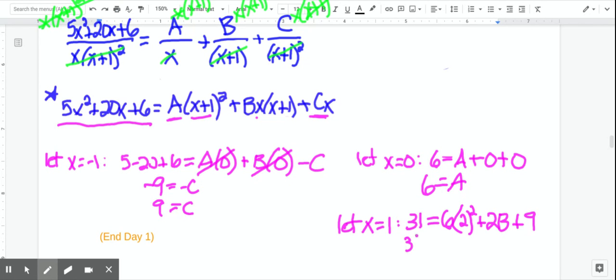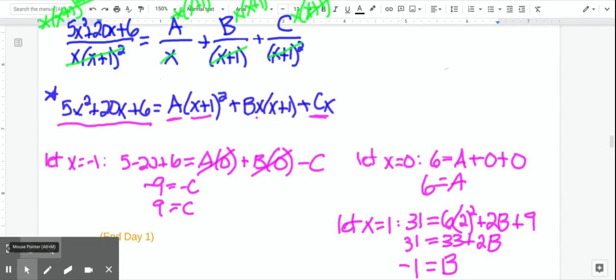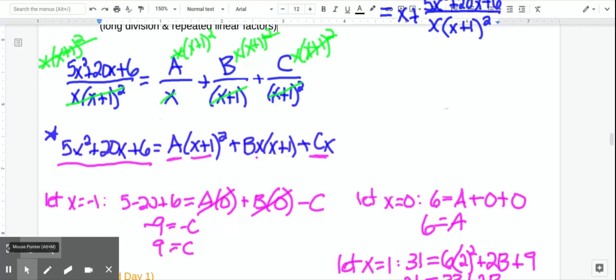So I get 31 equals, let's see, that's 24 plus 9. That sounds like 33. So I ended up subtracting and dividing, and B turns out to be -1. Okay. So those are my answers. A is 6, B is -1, C is 9.